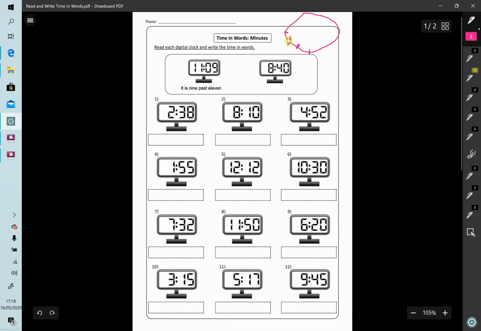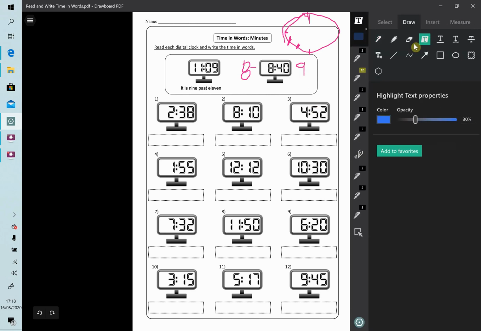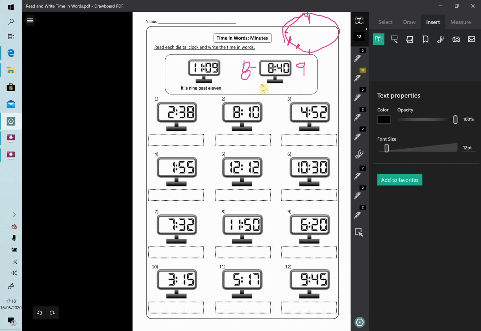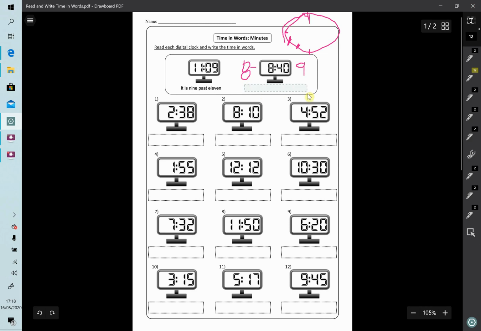So we have 20 minutes until we reach the next o'clock, which will be 9 o'clock, because between 8:40 we've got 8 o'clock and 9 o'clock. Sorry for the horrible handwriting, guys. So now it is 20 to 9.